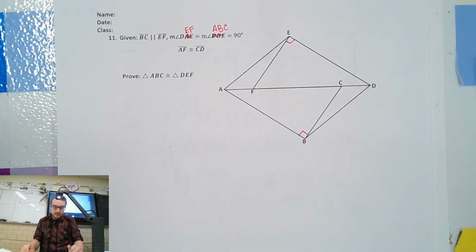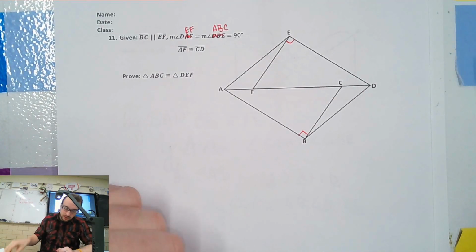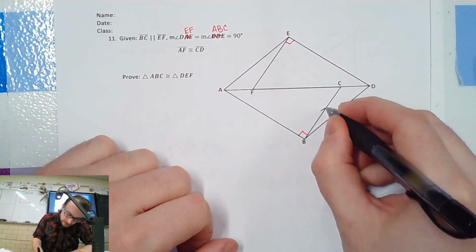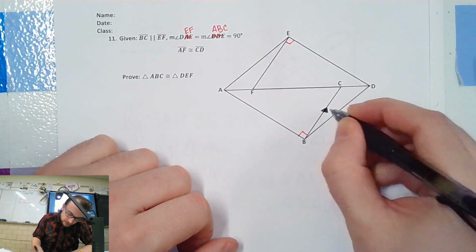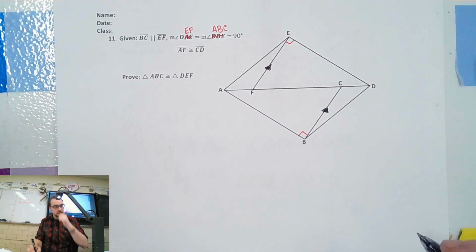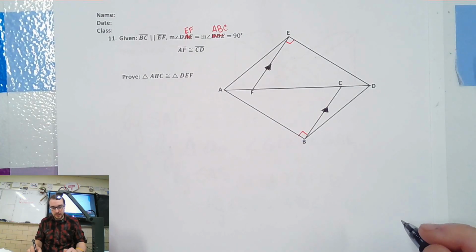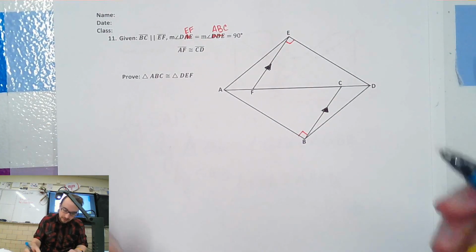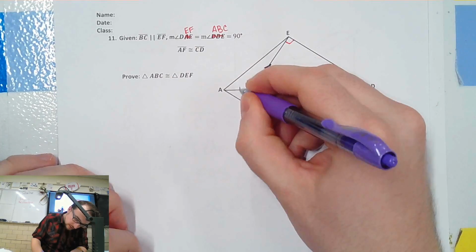Alright. We know BC and EF are parallel, so that's these guys. You get two parallel lines here, and the arrowhead should go in the same direction to show they're parallel. And then AF and CD are congruent. So AF and CD.